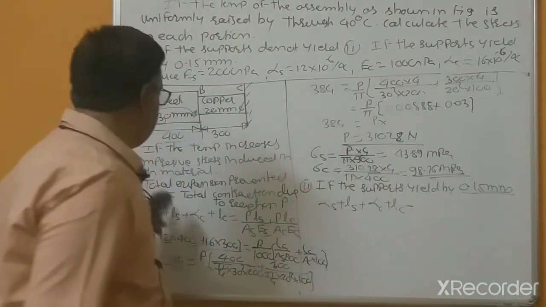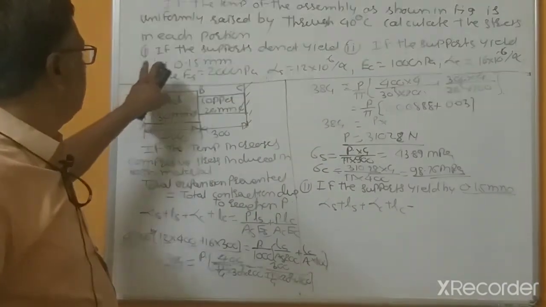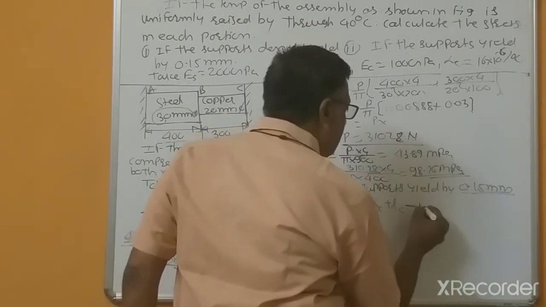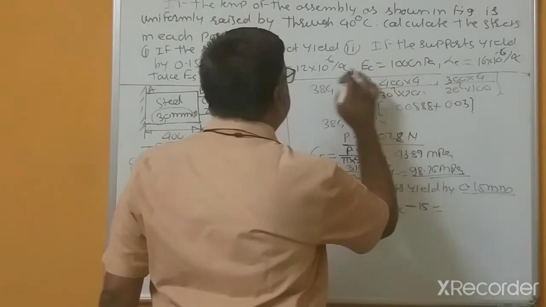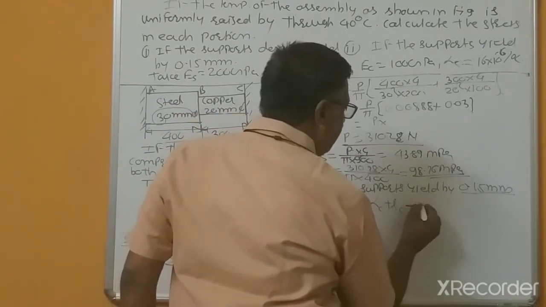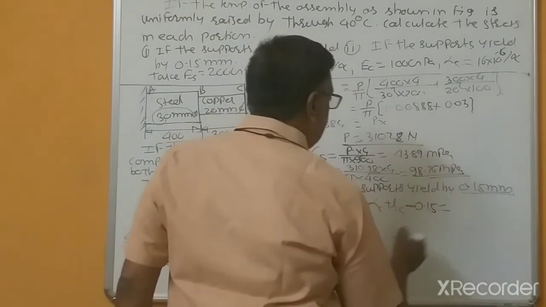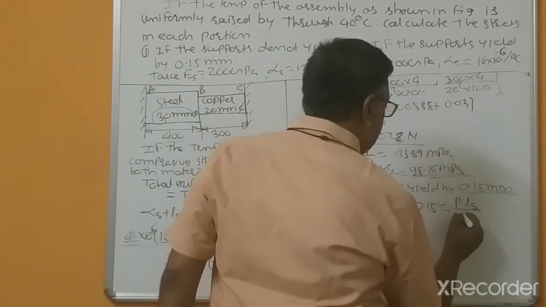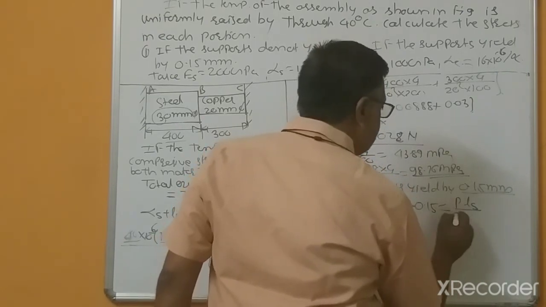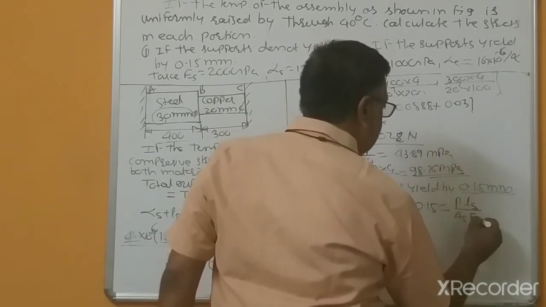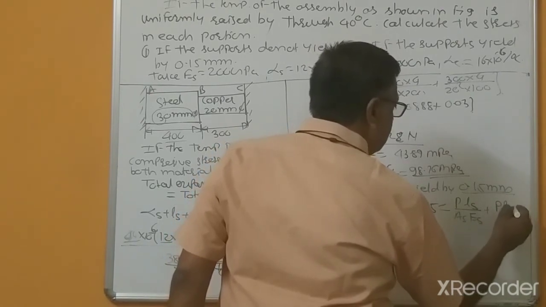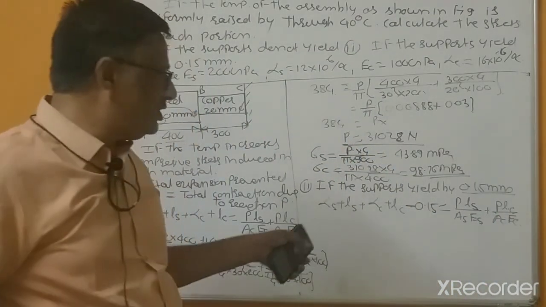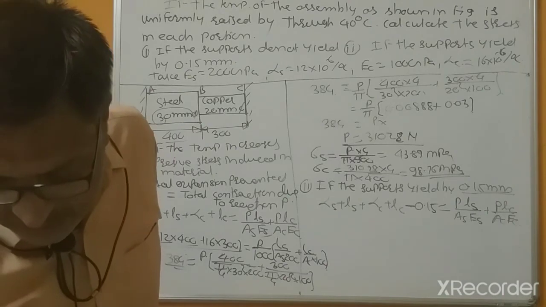So yes, the first case is if the supports do not yield, and here yield means we have to add only this given distance, that is 0.15 mm, and keep the rest of the things the same as it is: A S, E S, A C, E C. So solve these equations, you will get the answers.